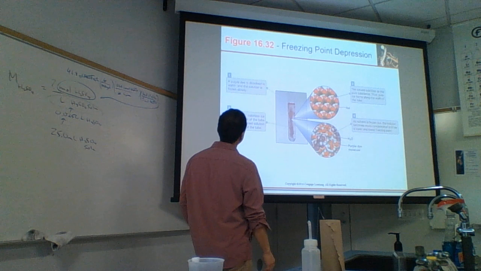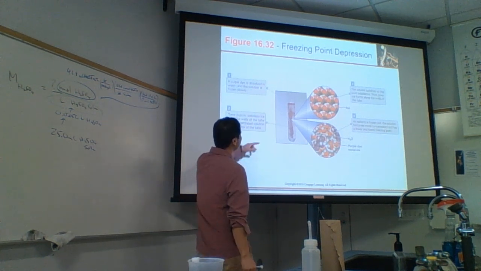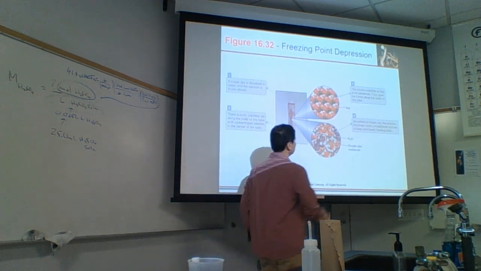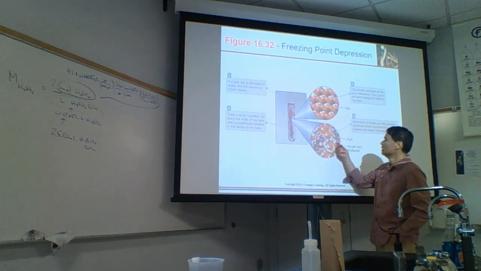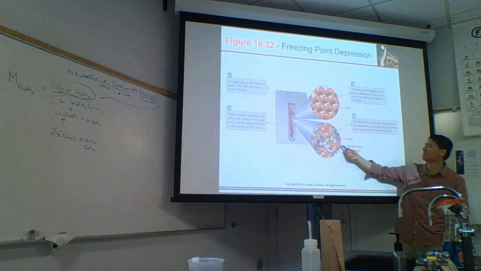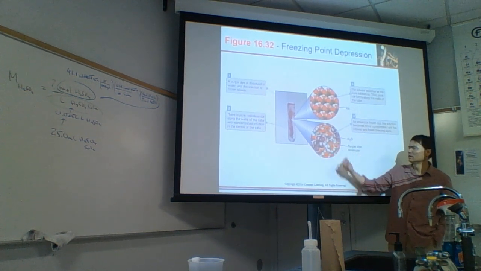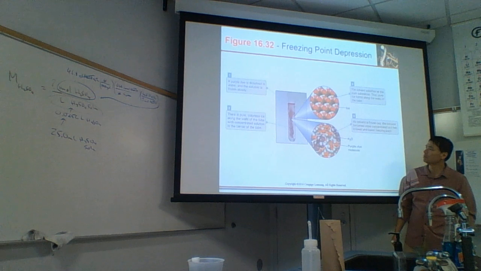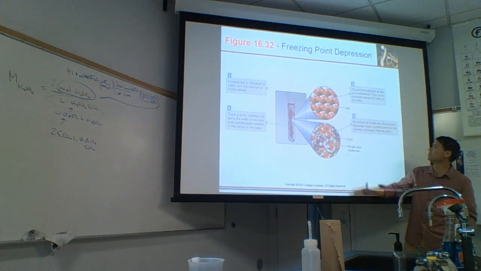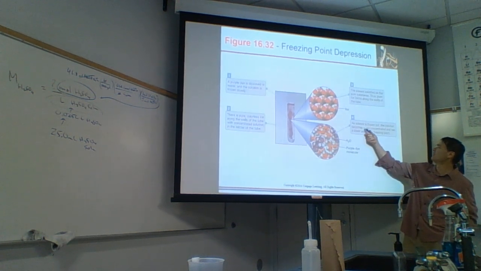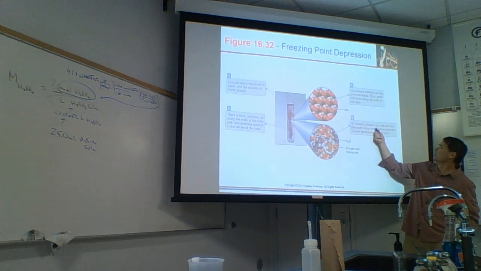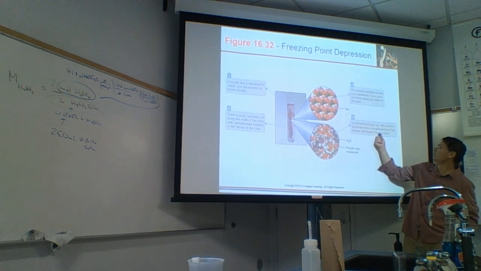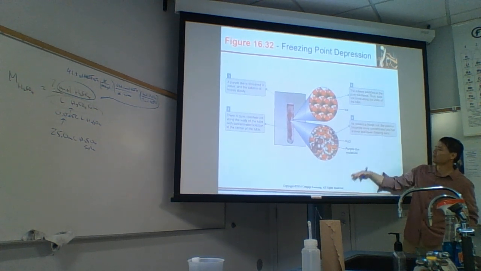Here they are adding a solute, where the solute particles are these purple dye molecules. What happens is these purple dye molecules disrupt the crystal formation, and so it's going to lower the freezing point.